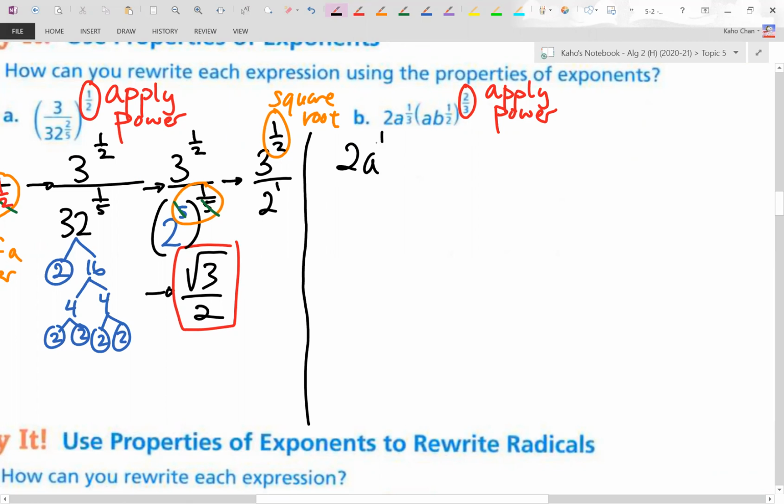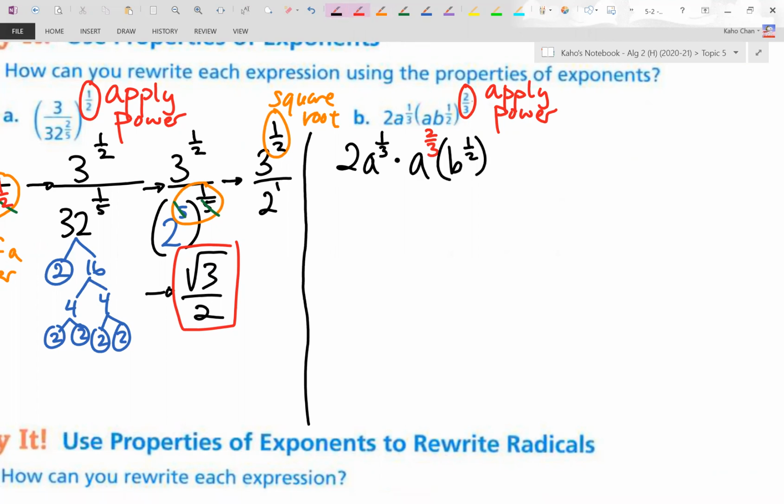2a to the 1/3 doesn't get touched at all. However, inside the parentheses, we have two items, a to the 2/3 and times b to the 1/2 to the 2/3. See, I'm just applying the power, no big deal. Let's clean, oh, look at this. This is interesting. Those a's are multiplying.